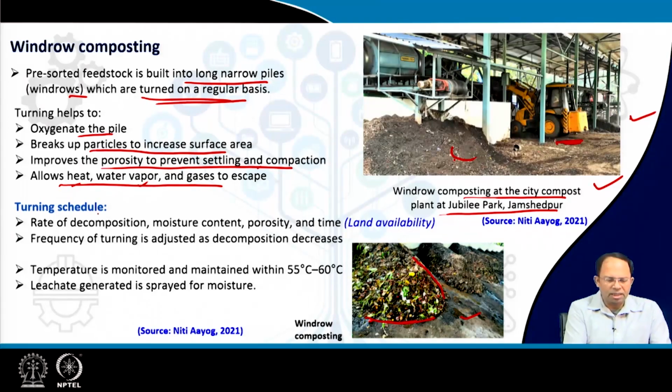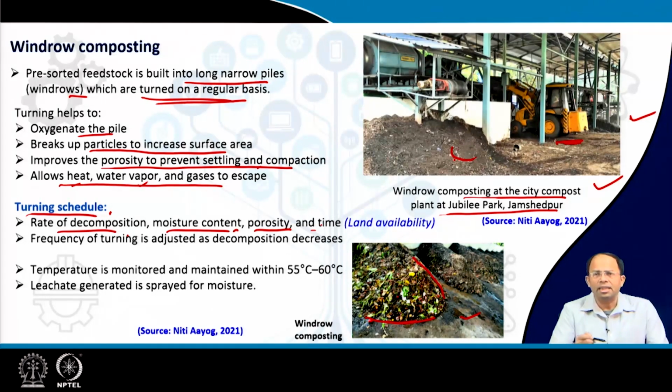Now, the turning schedule, how much I should turn, depends on the rate of decomposition. It depends again on the weather, the climate and so on, moisture content of waste, porosity of waste and the time you have in hand. If you have less time, in that case you have to turn more. As we have learnt earlier, when the turning schedule is increased, automatically the time for composting decreases.